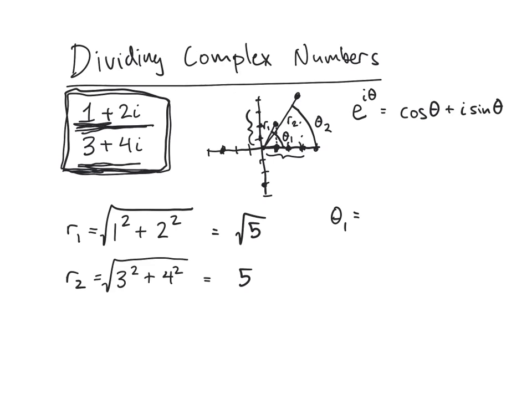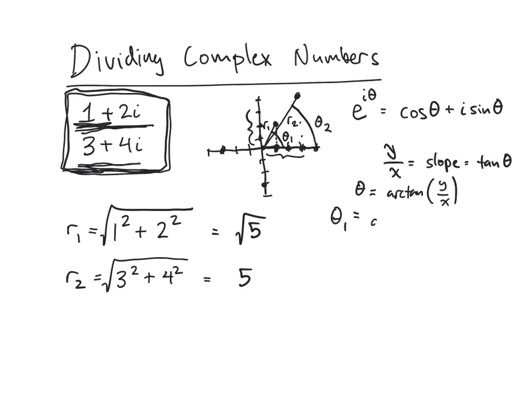Right, so remember that if we've got a y coordinate divided by an x coordinate, this is equal to the slope, which is equal to the tangent of the angle that defines that slope. So we can say that the angle itself is equal to the arctangent, or the inverse tangent as it's sometimes called, of the y-coordinate divided by the x-coordinate.